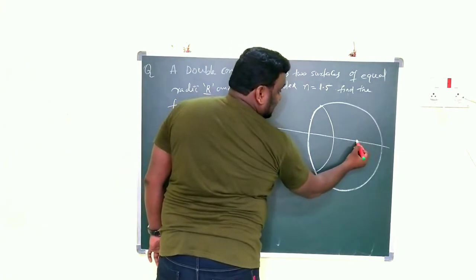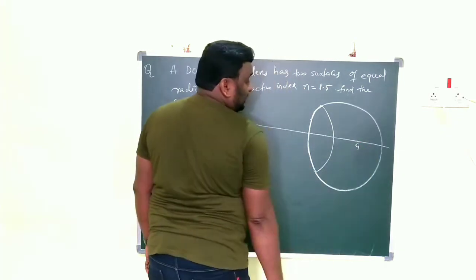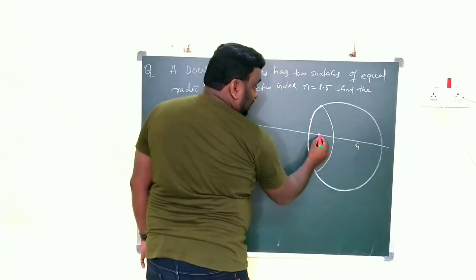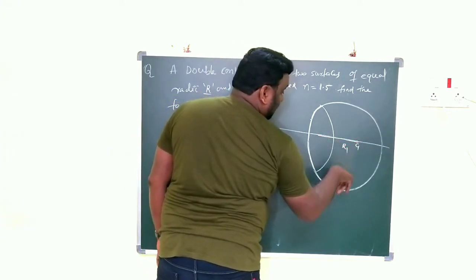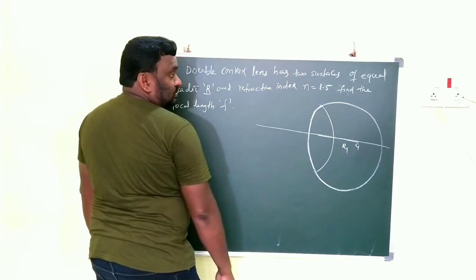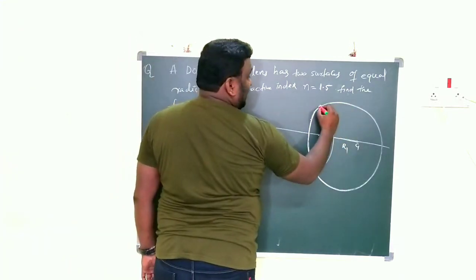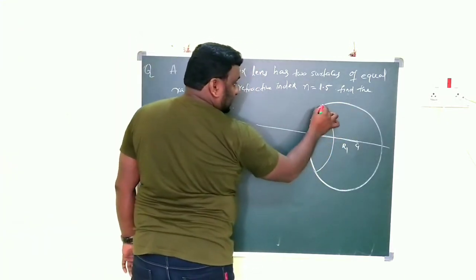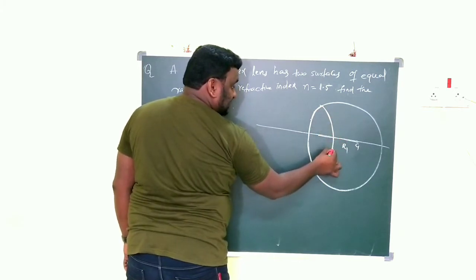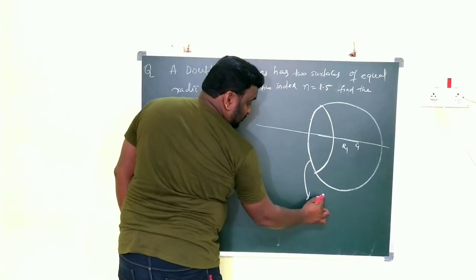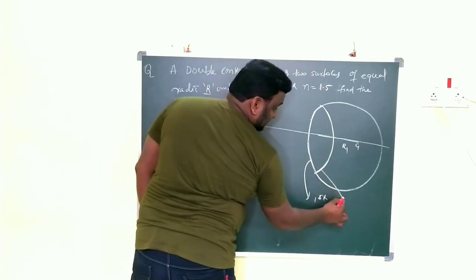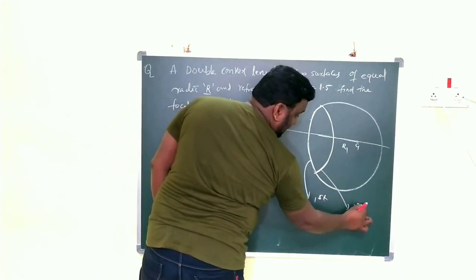This is the center, here we are taking C1. The distance from this point to C1 is R1. So this belongs to the first refracting surface. Now this one is the first refracting surface and this one is the second refracting surface.